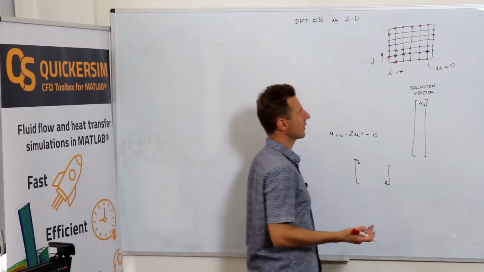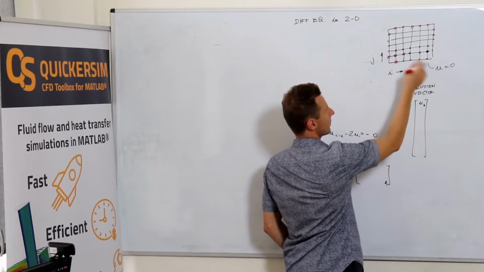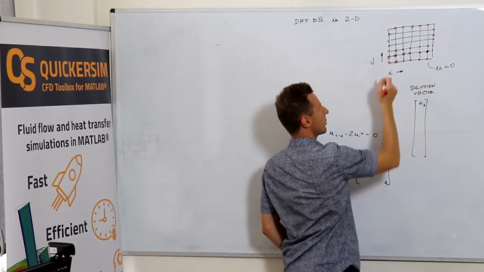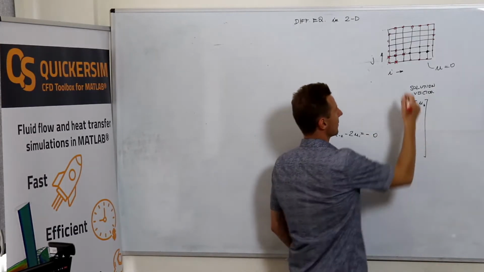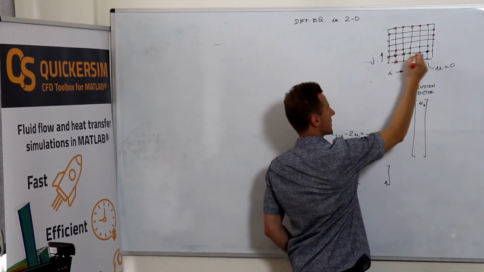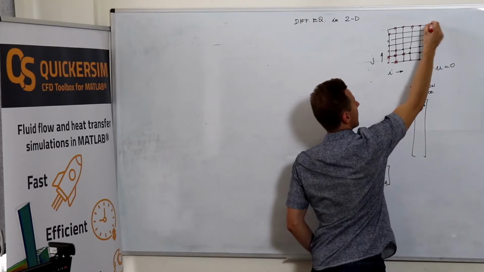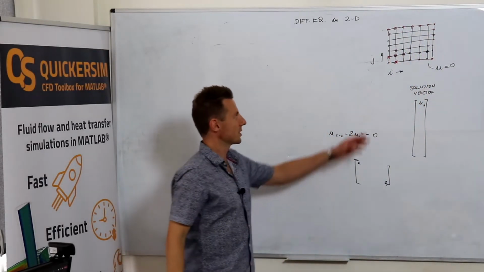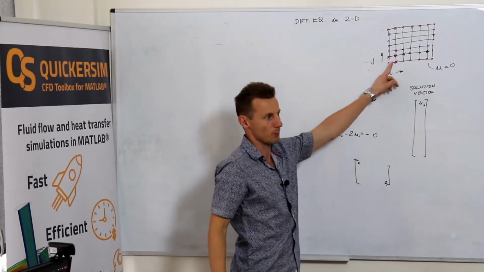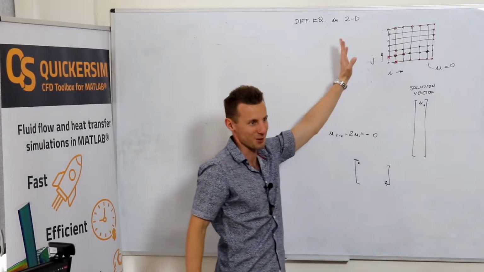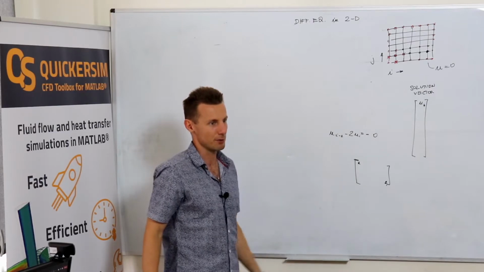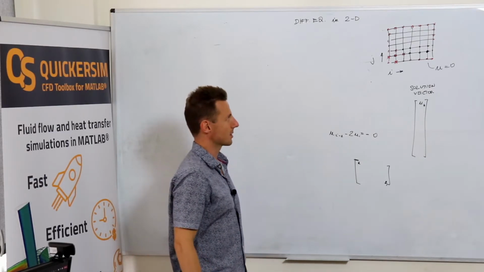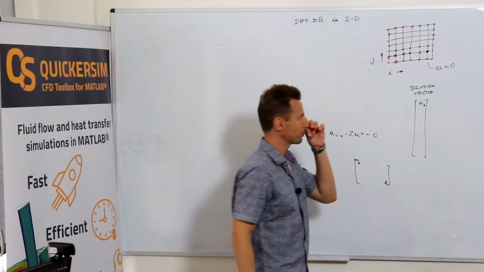It's pretty nice to have the numbering running in some reasonable order. So you'd probably want to add this node, this node, this node, and this node to the system as well. But you see, they obviously do not contribute to any of the equations. They are completely artificially introduced just to make a nice structure and nothing else.